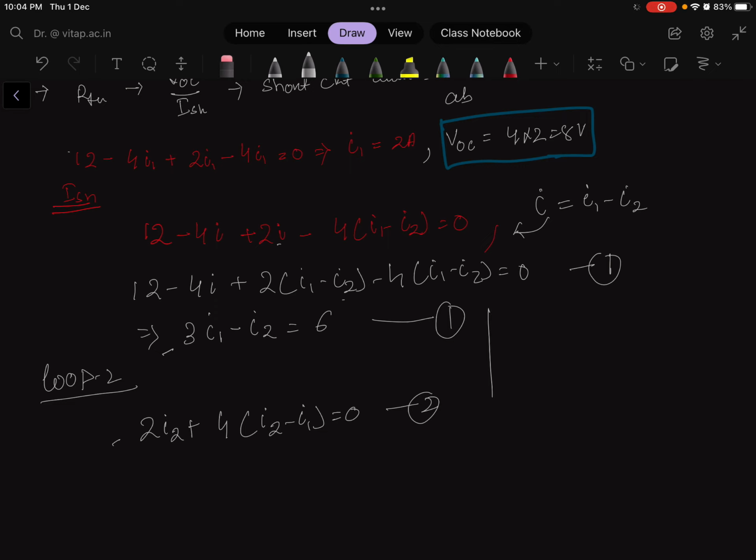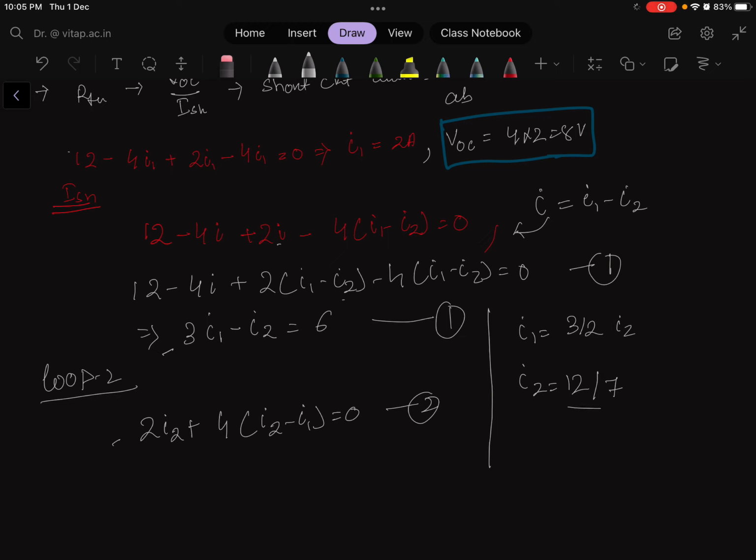If I solve the two equations, I will get I1 is equal to 3 by 2 into I2, and replacing that in the other equation, I will get I2 value is equal to 12 divided by 7. Okay. So you can do the calculations, I am not doing them. Through a calculator also you can get the values directly.